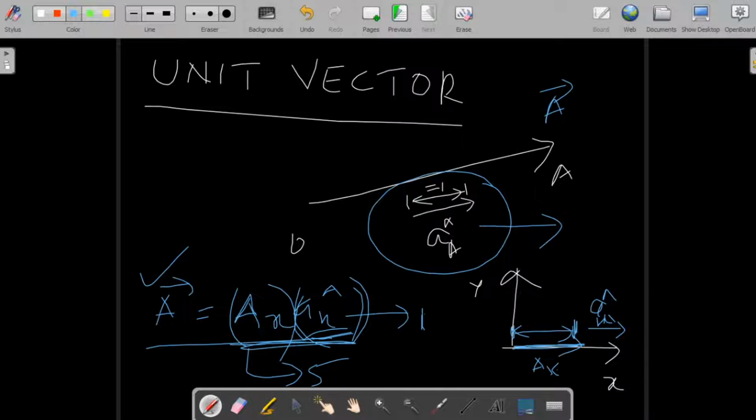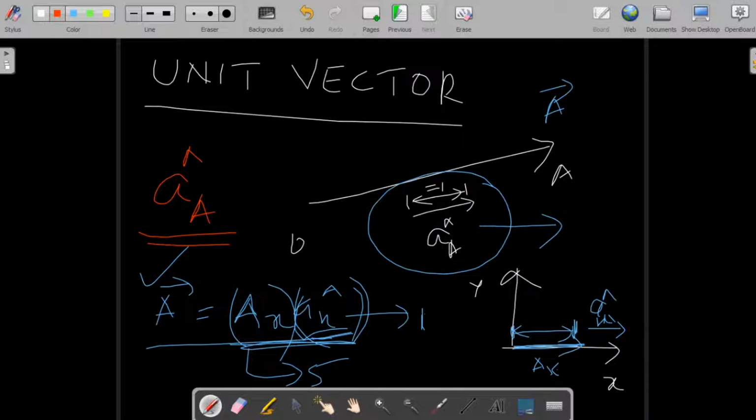What if I say it is a cap? What if I represent a unit vector as a cap? Now what is the direction of that? If it was ax cap, ay cap, or az cap, it's very clear that it's a unit vector in that particular direction in the xyz coordinate system.